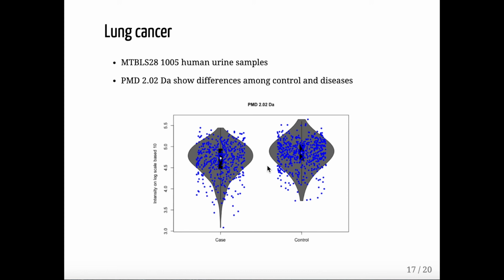Then we found the PMD 2.02 Da, which is a double bond breaking or forming process, shows significant differences between control and cases. And the cases always have a lower activity of these reactions.